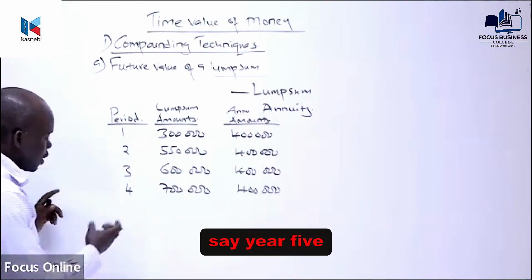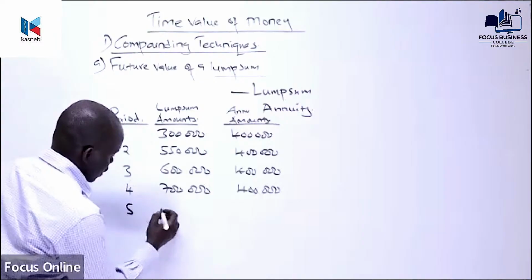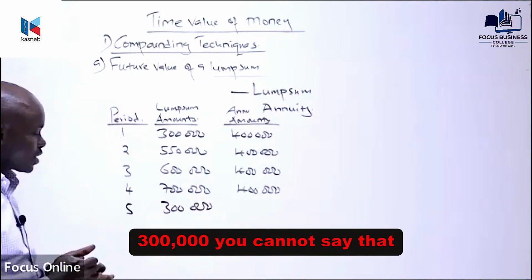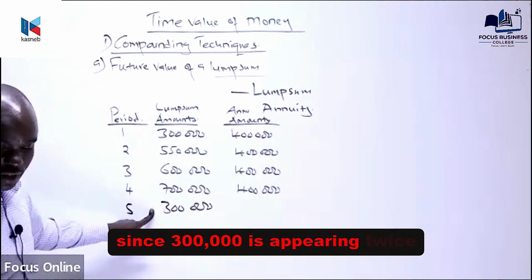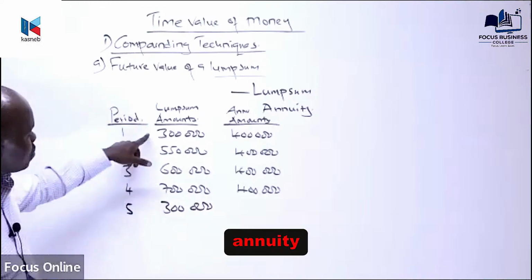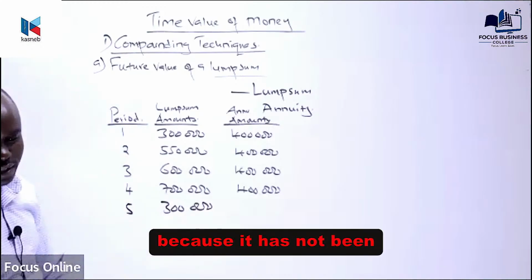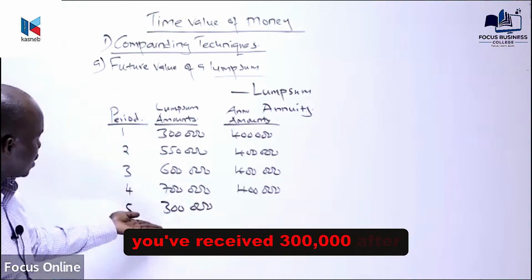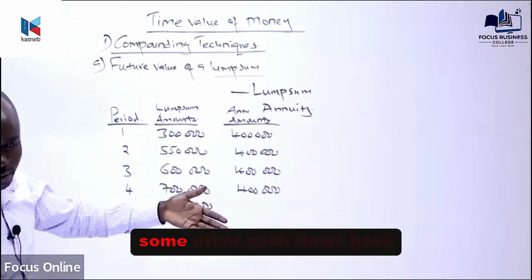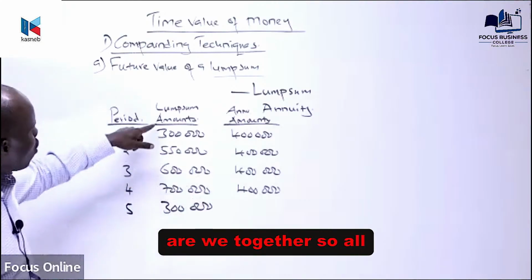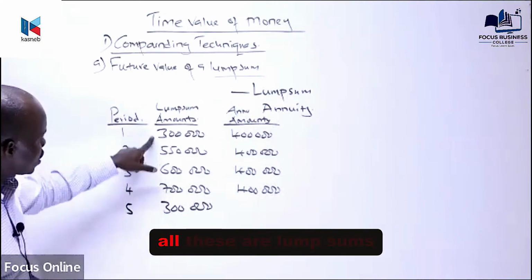Maybe let's say year 5, 300,000. You cannot say that since 300,000 is appearing twice, it is an annuity. No, it is not an annuity because it has not been received regularly. You've received 300,000 after some other cash flows have been received here. Are we together? So all these are lump sums.